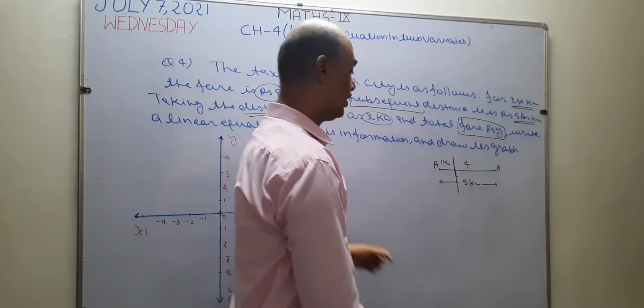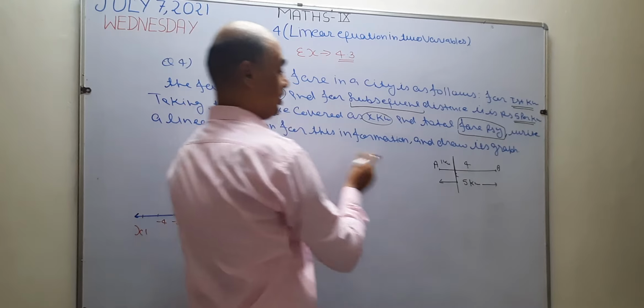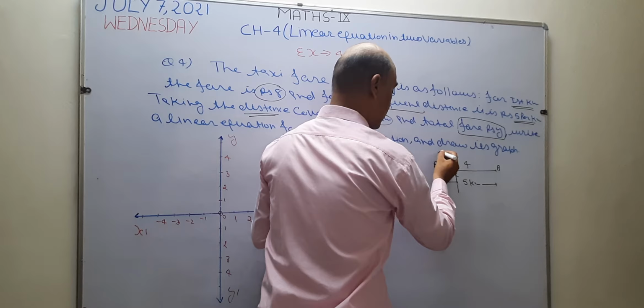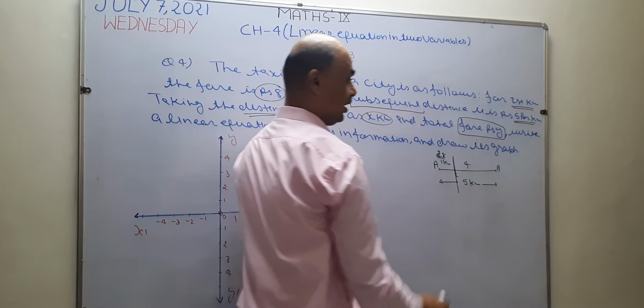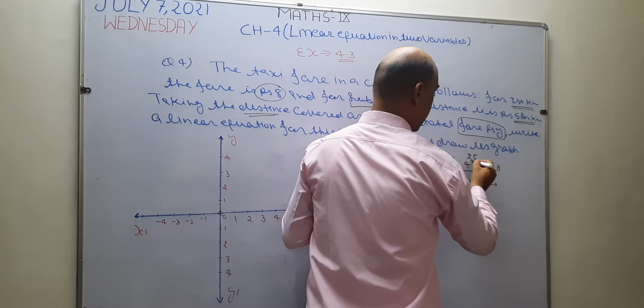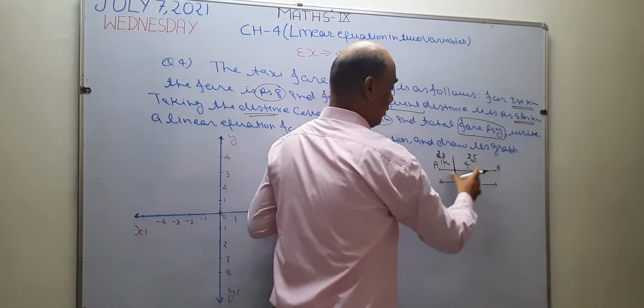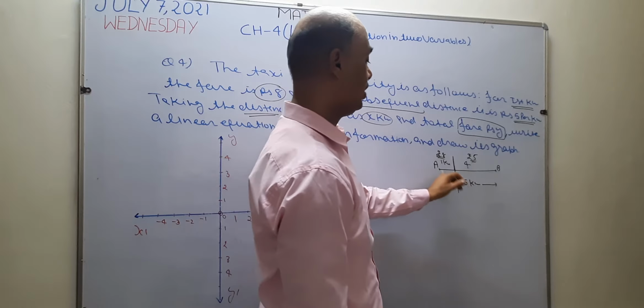Now what is given in the question? For the first kilometer he is going to charge rupees 8, and for each remaining kilometer he is going to charge rupees 5. Now I want to check how much money he is going to pay.